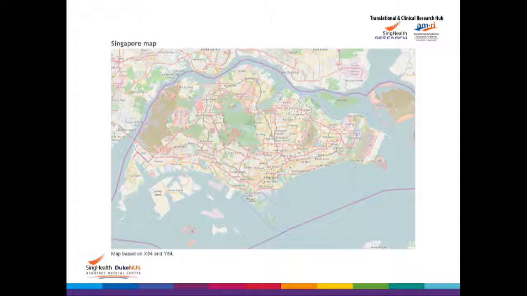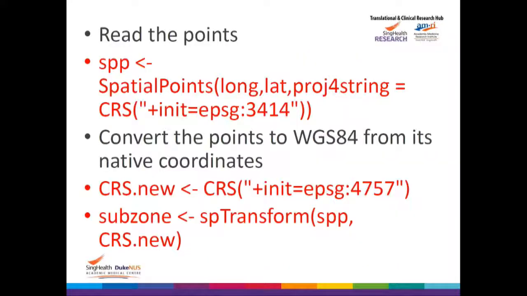The next step is to go to R, get some latitude, longitude data, and plot the points on the map. So assuming that you have the latitude and longitude data, you can import it in R and perform projections. This is for my case because the data I normally receive is not in the standard WGS84 format, so I have to convert it.